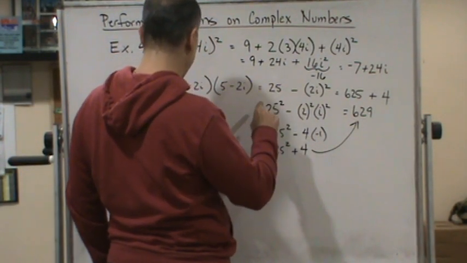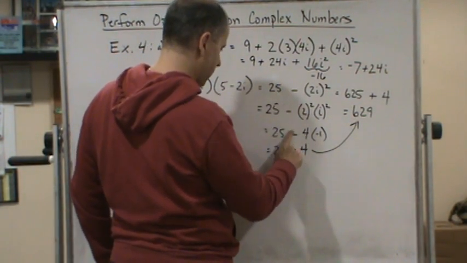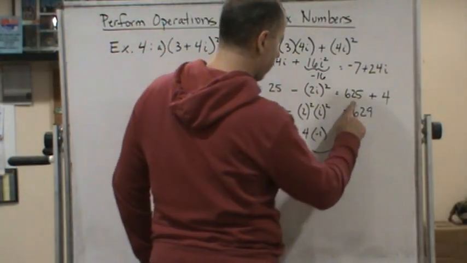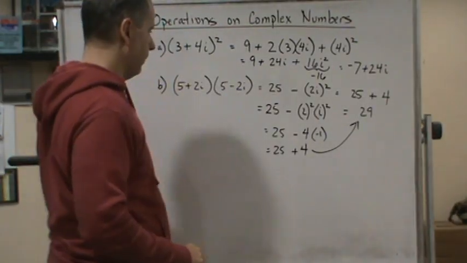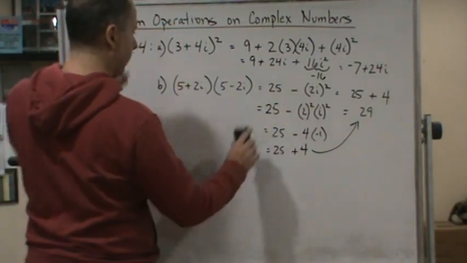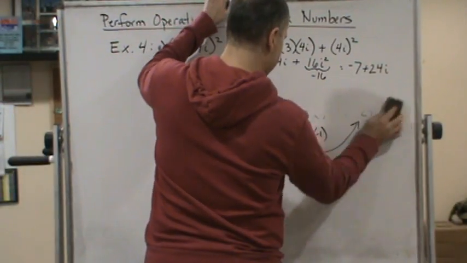I already squared it. 5 squared, this should not be squared, it should be just 25. I'm sorry, let me do that again. I went ahead of myself.